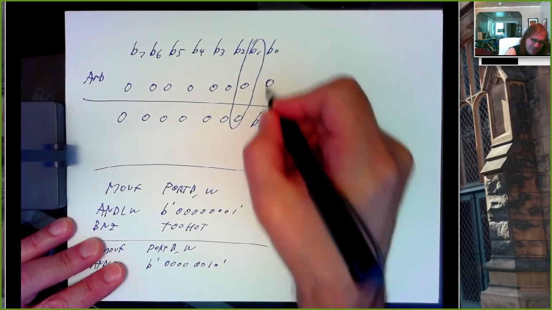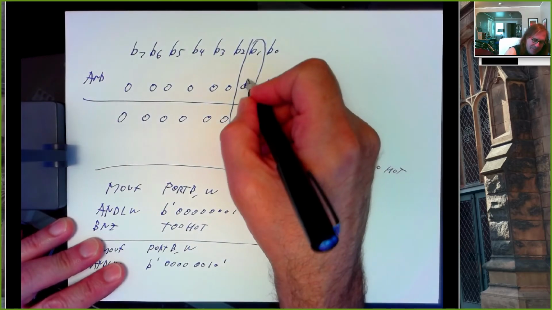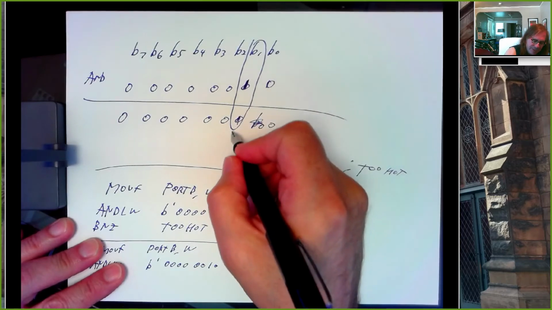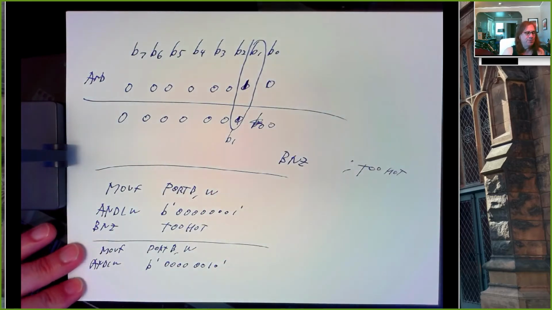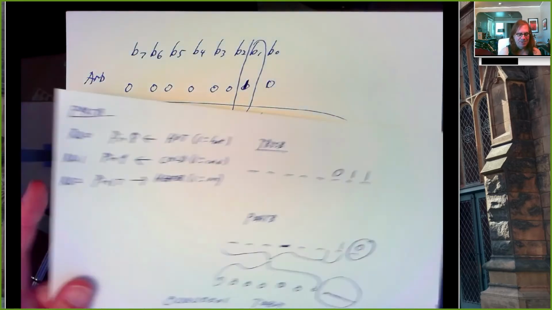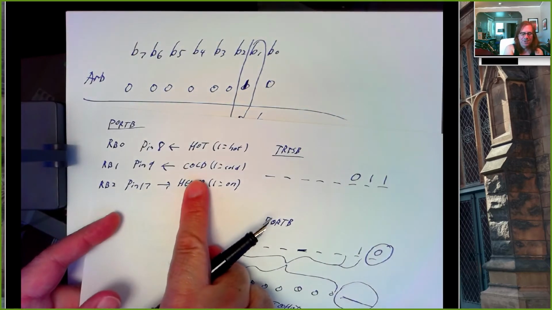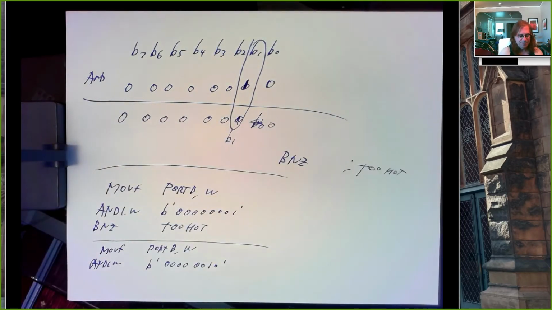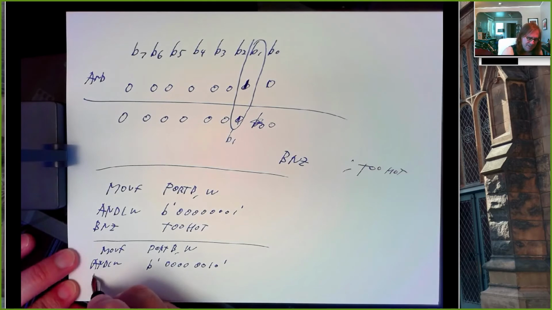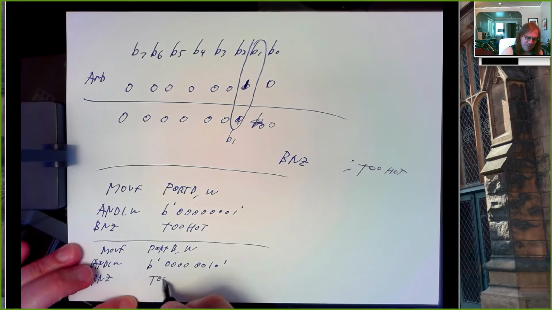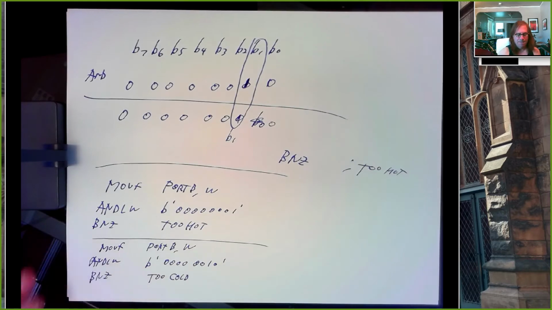I'm putting a 0 here, but I've got a 1 here. So this bit's going to be bit B1. And that bit corresponds to the value coming from my cold sensor. So now if that's not 0, I can branch to a section of my program that says, hey, the water's too cold. And in that section, I'll turn the heater on.